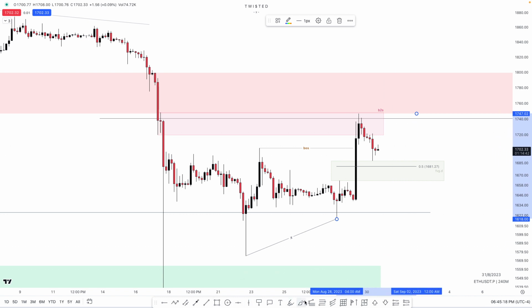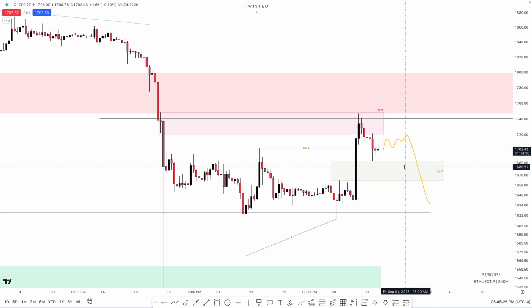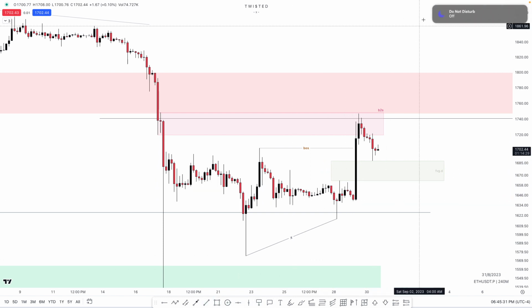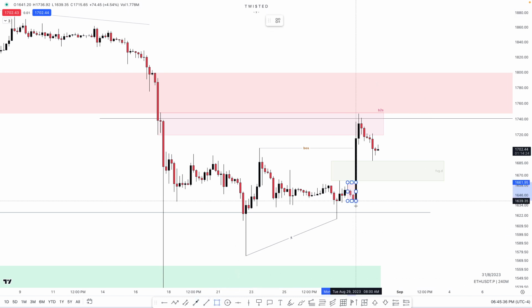So if you want to look for scalp entries or intraday entries, we can look for some scalps into the downside, looking into the discount zone of the fair value gap, and also we can see that this is the order block that generated that liquidity.